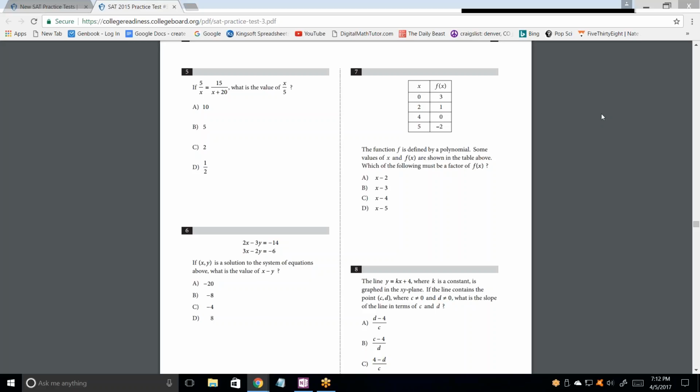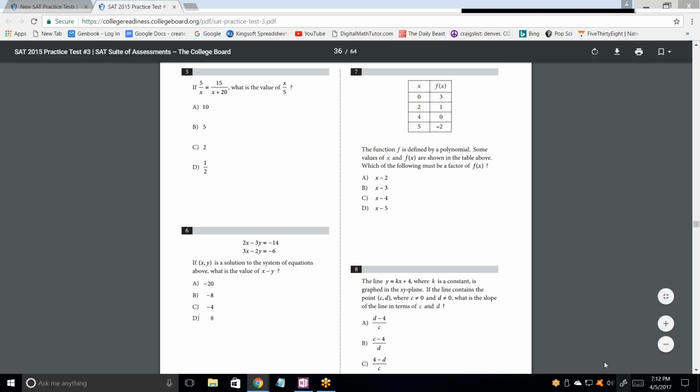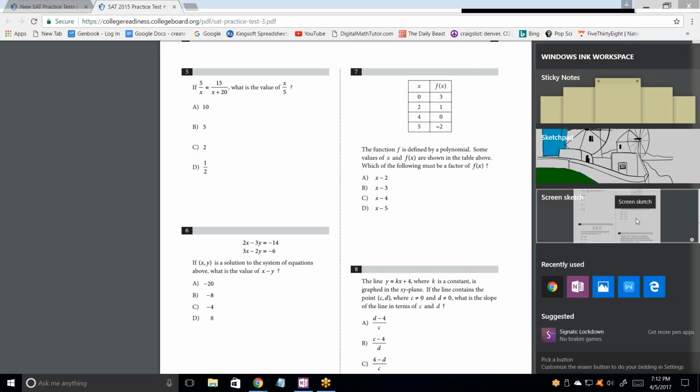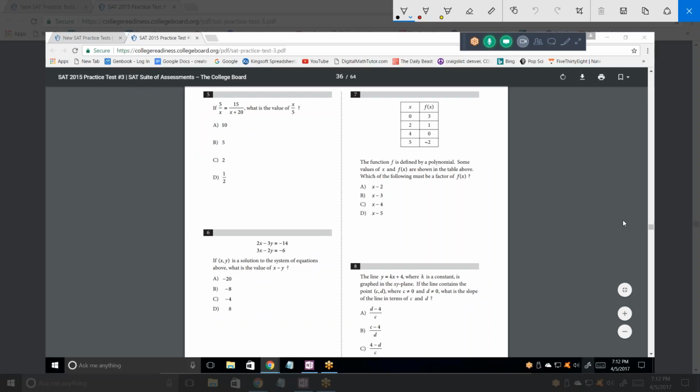I'm kind of unsure of how to go about this problem. Well, what do we get if we cross multiply? 5x plus 100. Sorry, I got to do this each time. That's okay.